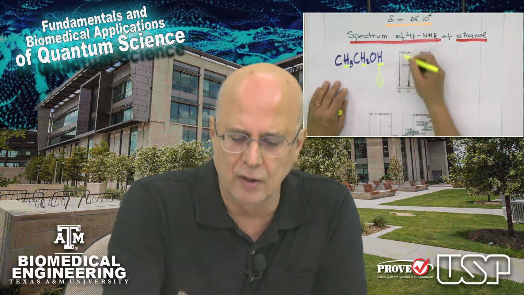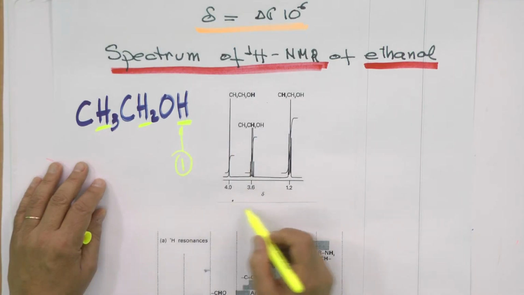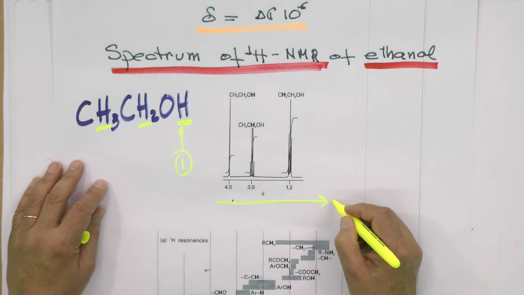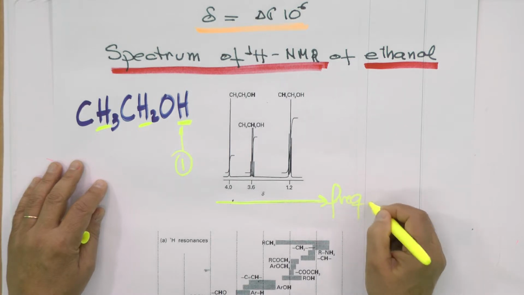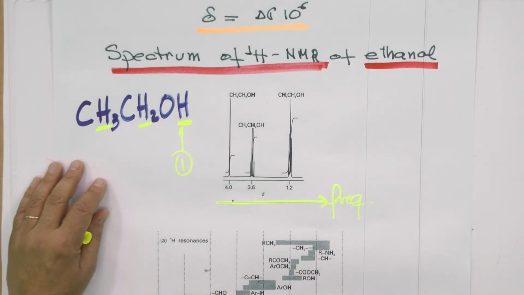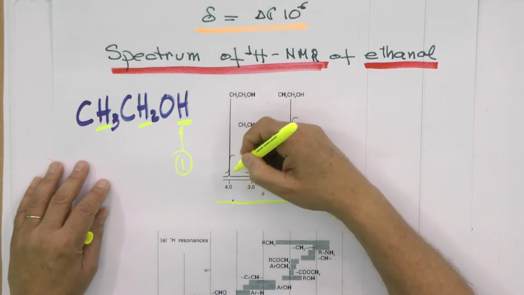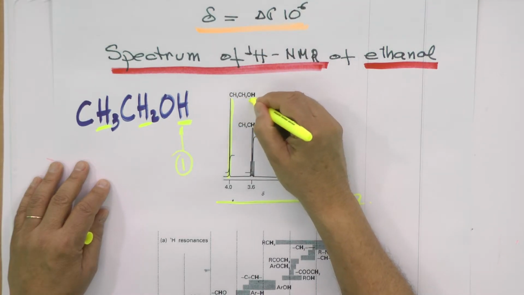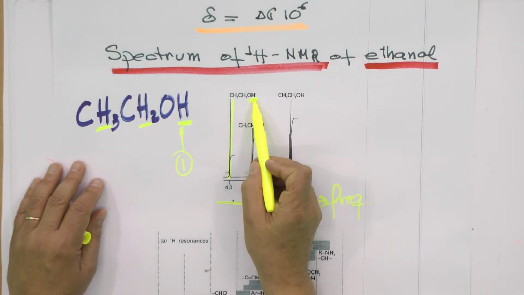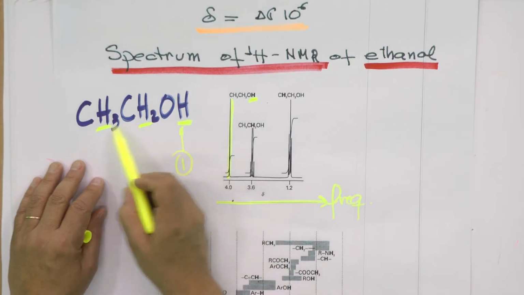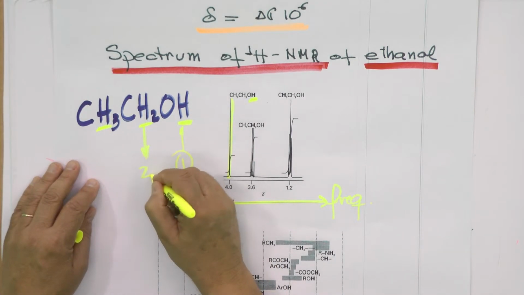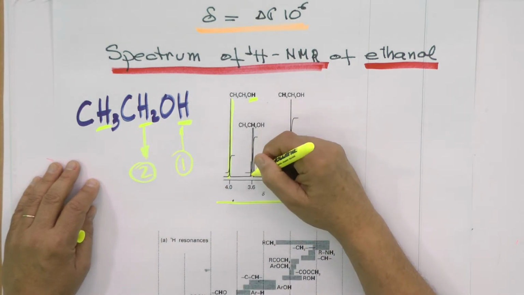And when I look at the peak, I'm putting here the frequency of the NMR spectroscopy, and I'm seeing where the radio frequency is absorbed. So the first peak comes here because the shift of this is much less than the shift of the others. If I look at this one, which I call 2 now, I see this peak here.